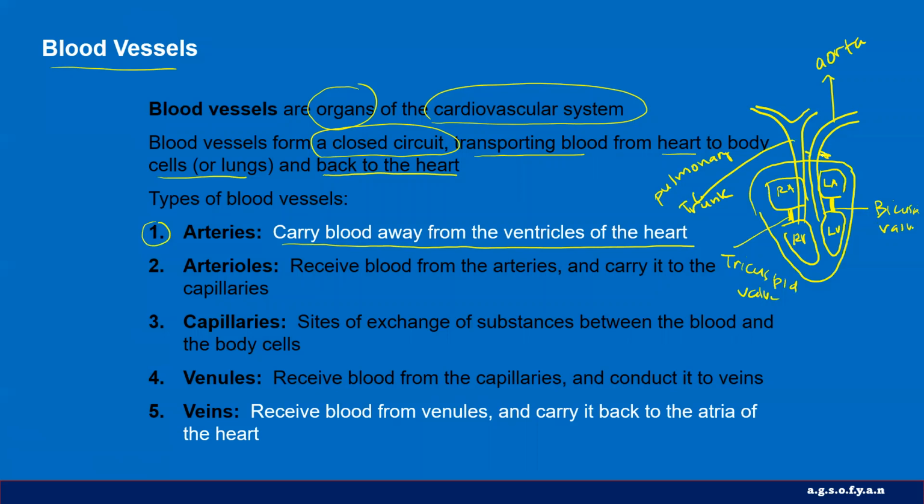From the aorta, the first branches will be the coronary arteries, left and right. And there will be arteries going to our brain, like the common carotid artery, and the subclavian artery. The 2 biggest arteries are the aorta and the pulmonary trunk.